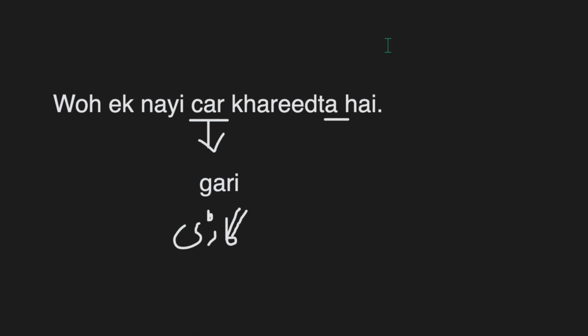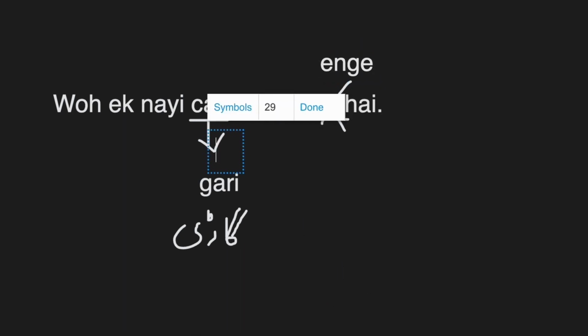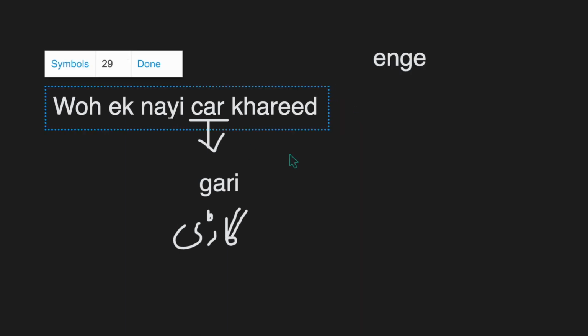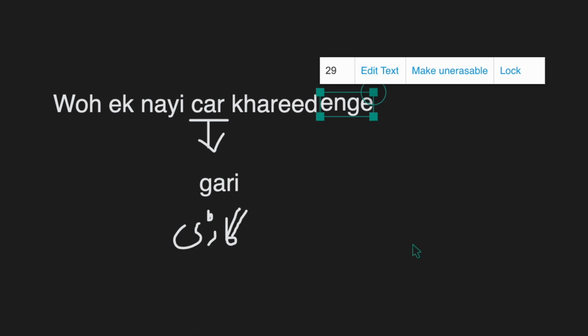Instead of खरीदता, we can put a future suffix as well, which is inge. Inge. So let's remove it. Let's just remove the ta and put the inge suffix. So खरीदेंगे will mean buy. खरीदेंगे. Perfect. So वो एक नई गाड़ी खरीदेंगे.